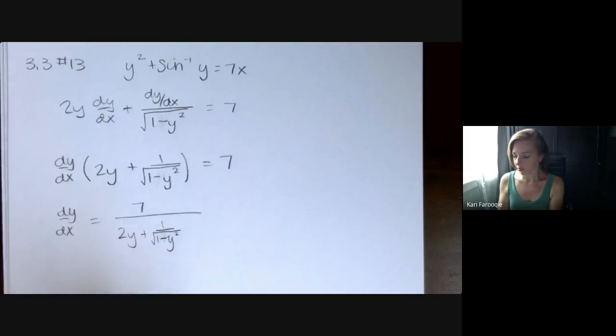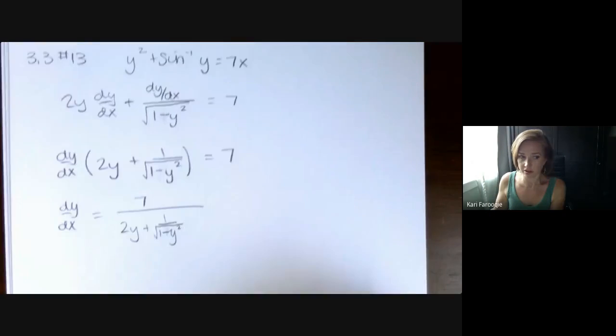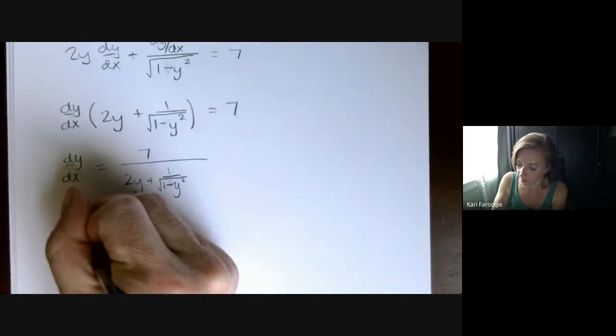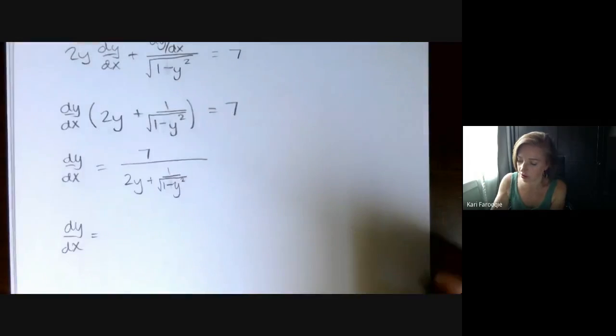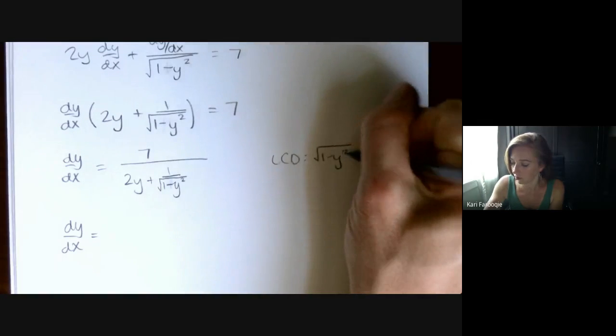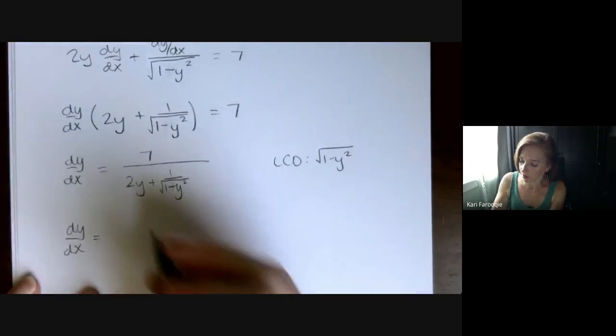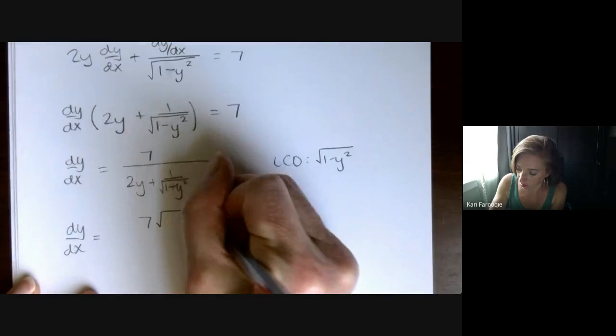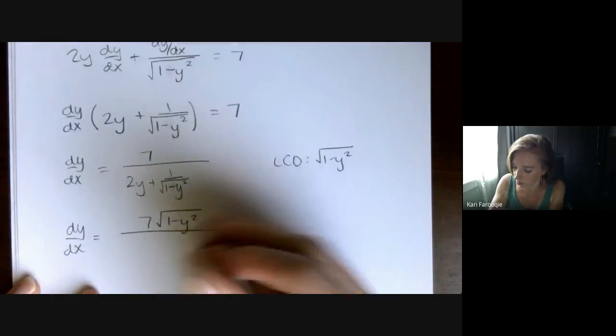Okay, so to simplify this, we'll multiply every term by the LCD, because right now we have a complex fraction. So the LCD in this case is going to be the square root of 1 minus y squared. So every term is going to get multiplied by the square root of 1 minus y squared.